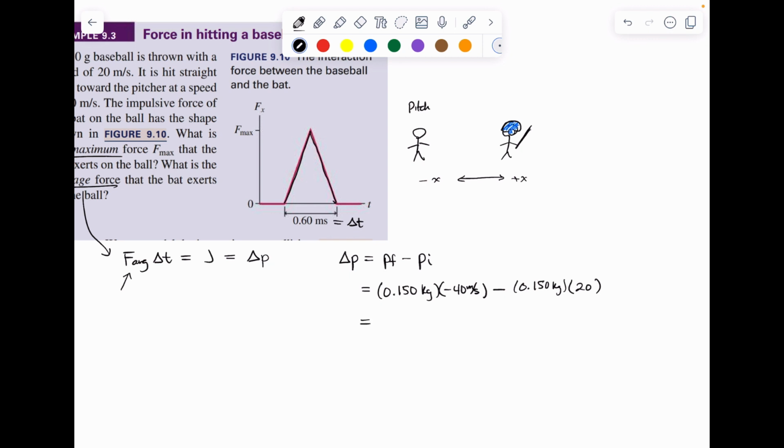Calculator time. 0.15 times negative 40, and then minus 0.15 times 20. This is giving me a really nice answer: negative 9 kilograms times meters per second.